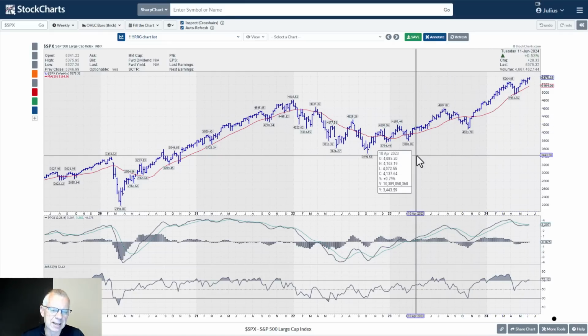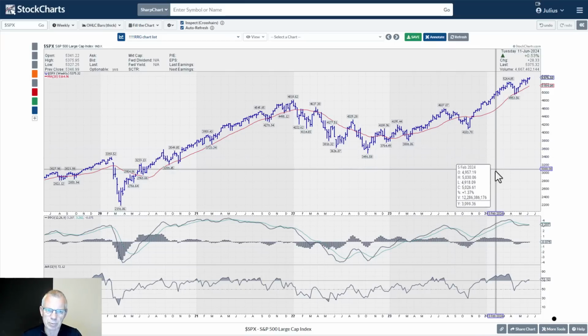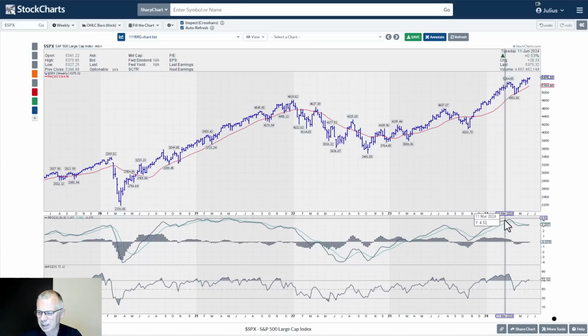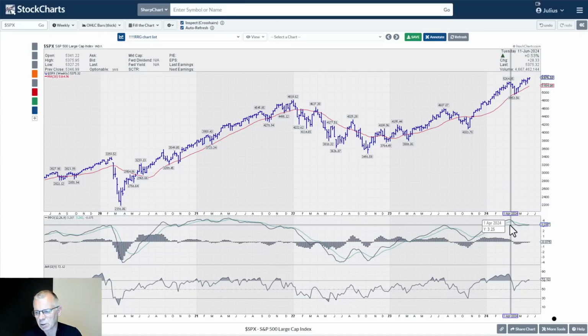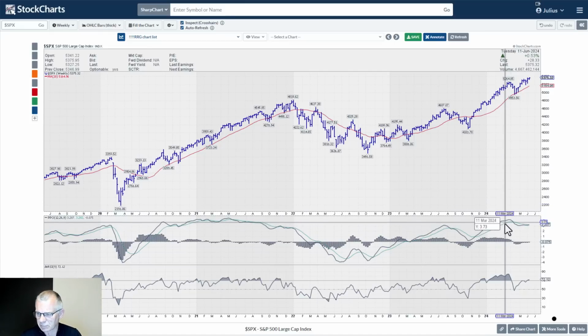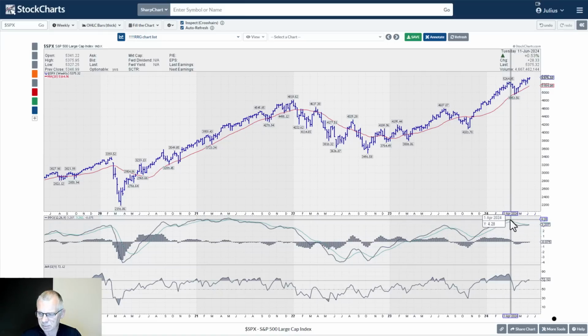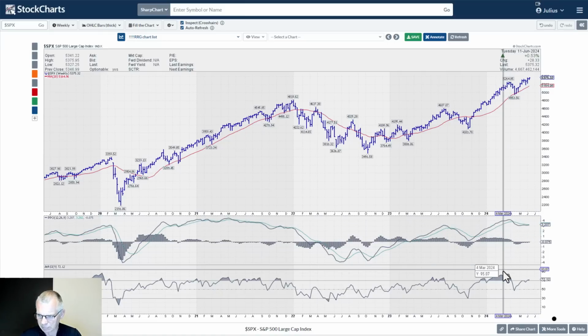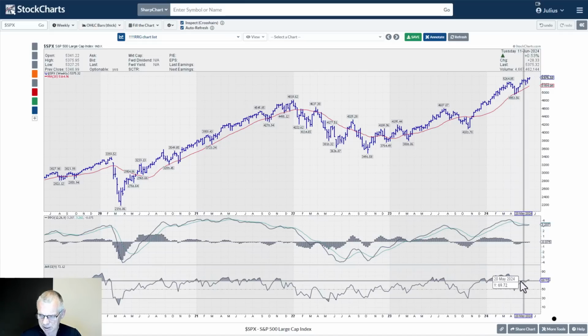But as we said, on a very narrow footing, and maybe more importantly, this is a PPO MACD type indicator, trend following, but it's not confirming that recent high, potentially putting in a negative divergence. The same is happening with the RSI on that weekly time scale.